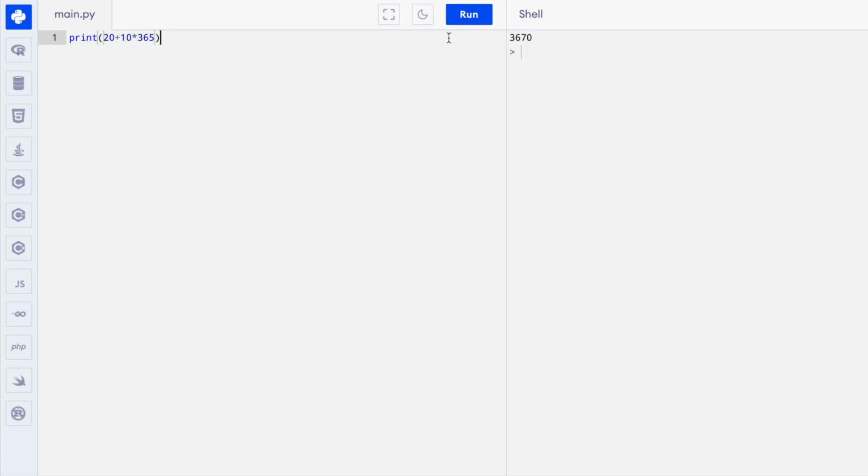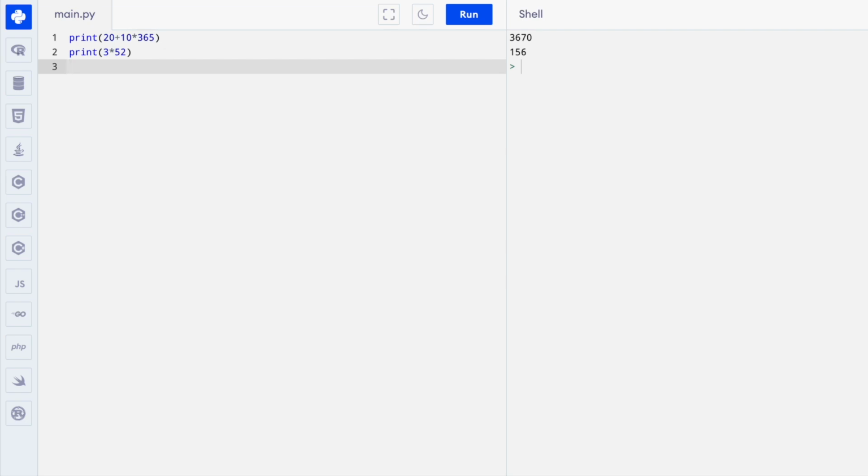After this, I want to print 3 into 52. Not plus, into 52. And we can get 156.